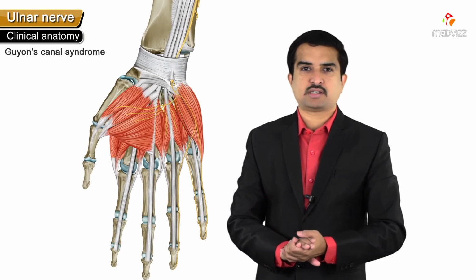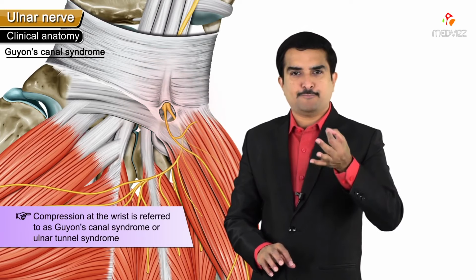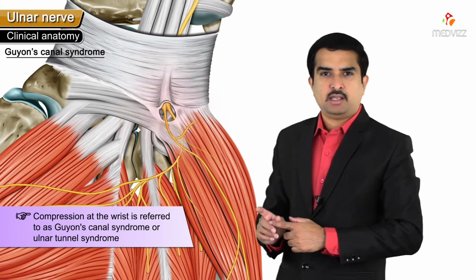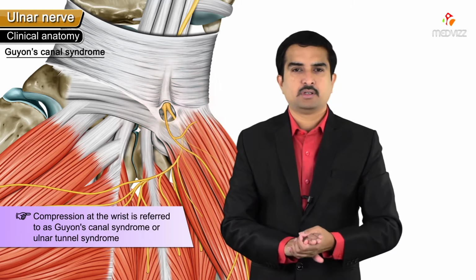And what is Guyon's canal syndrome? Compression of the ulnar nerve at the wrist is referred to as Guyon's canal syndrome, and we can also call it ulnar tunnel syndrome.